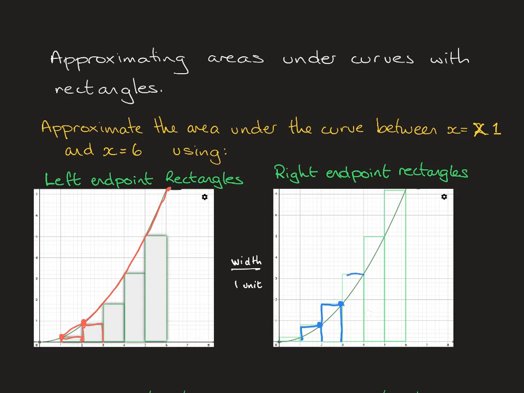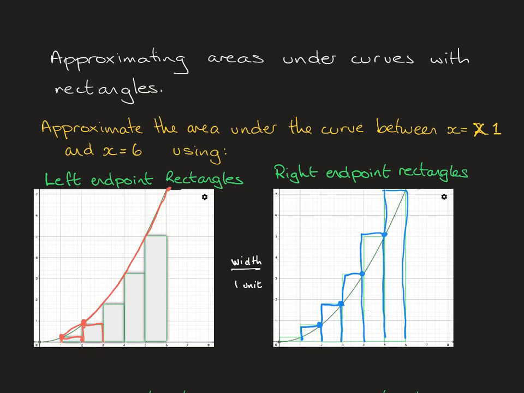And you can see for each of the rectangles I've got here, it's the right hand side that's touching. What you'll notice is that all of my rectangles are the same width, so the width is always 1 unit for both of these when I'm comparing them. So from 1 to 2, 2 to 3, 1 to 2, 2 to 3.